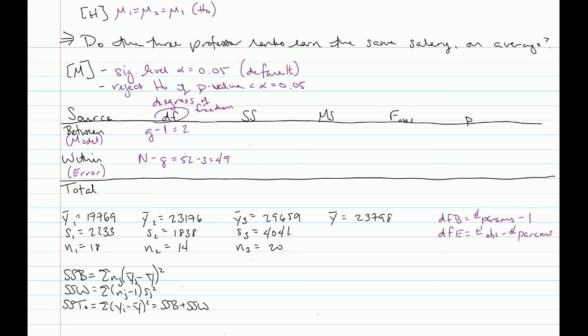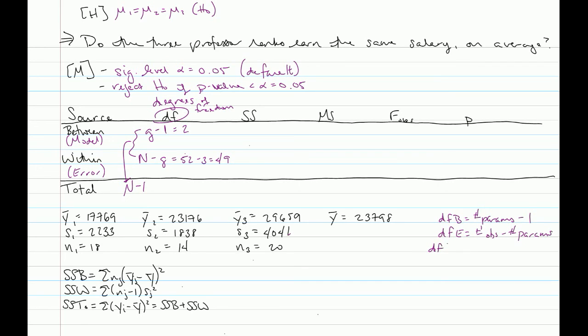And for degrees of freedom total, it will always be n minus 1. Because we're saying, well, what if we can fit everything with just one mean? What if we treat this as just one sample and we don't care what group the observations came from? Well, if we had just one sample, we would have that one sample degrees of freedom, or n minus 1. And we can see that this is actually also additive. If we added g minus 1 to n minus g, we would get n minus 1.